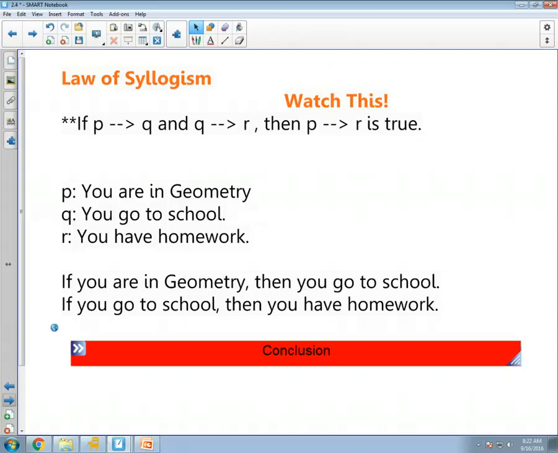Keep writing. We got to know what the law is, but you need to write it first.